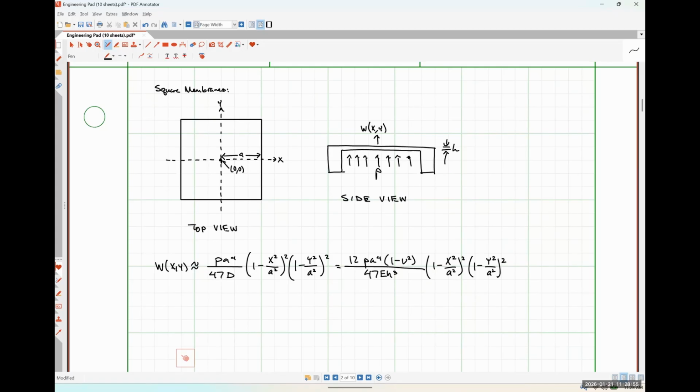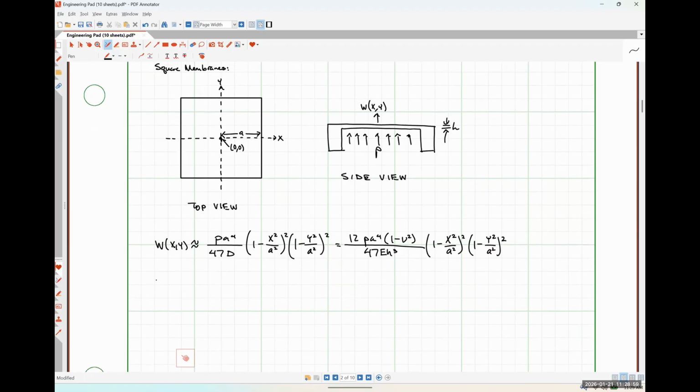Maximum deflection is still going to occur at the center point. So we could say that W max is just going to be W at 0, 0. And that'll come out to be 12 PA to the fourth power times 1 minus nu squared over 47 EH cubed.